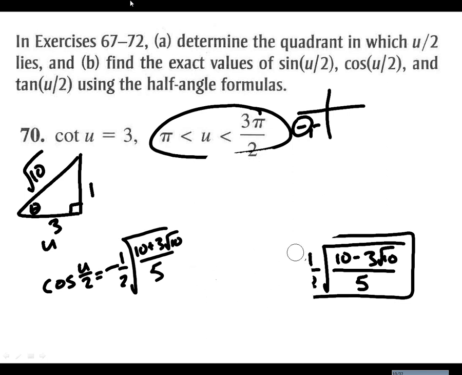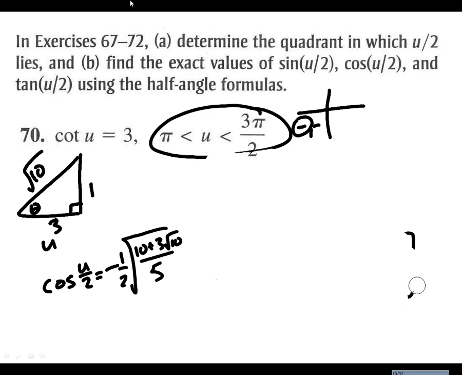Notice that the tangent should be positive because we're in quadrant 3. And our formula looks like this: 1 minus cos u over sine u.